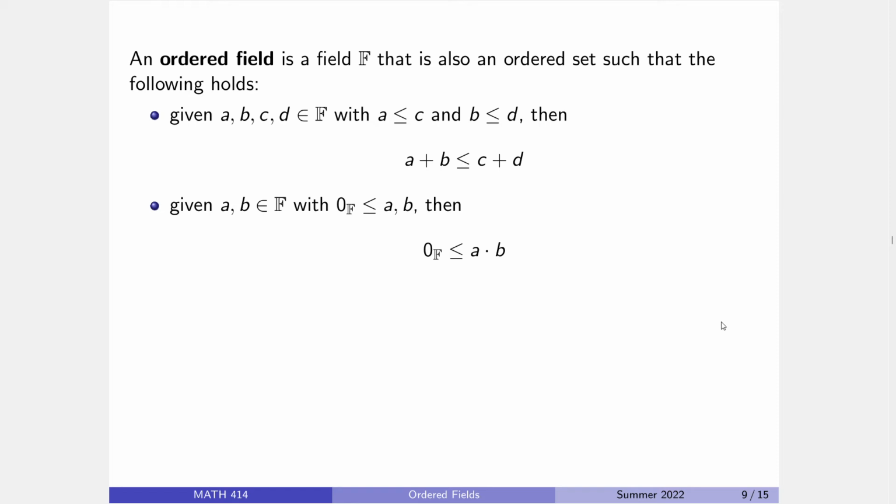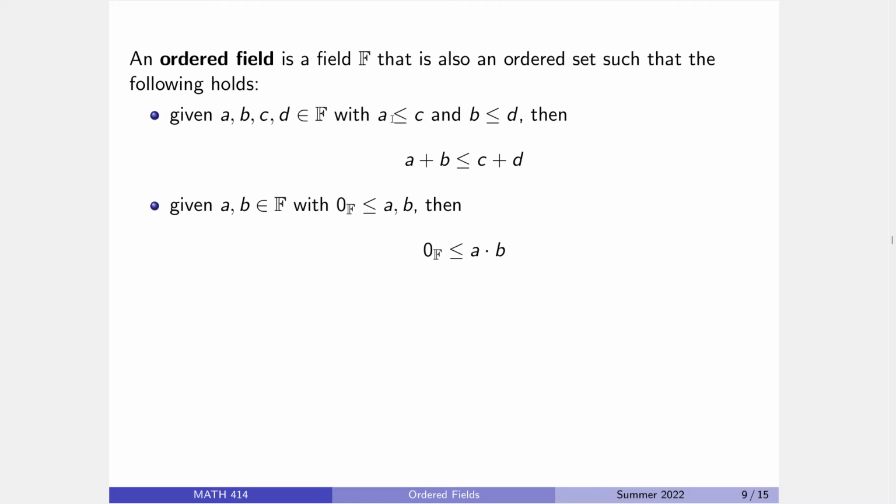And that turns out to be the thing that makes the real numbers, and not just the rational numbers or something. Alright, so a field is said to be ordered if it's a field, so it has adding and multiplying, but there's also an ordering, and the ordering interacts with addition and multiplication in a meaningful manner.